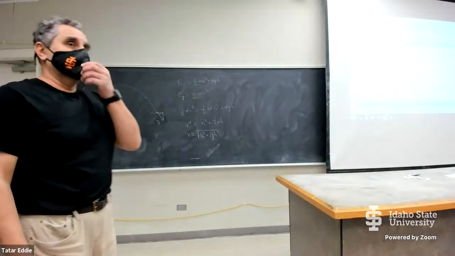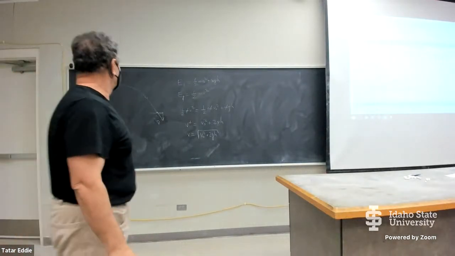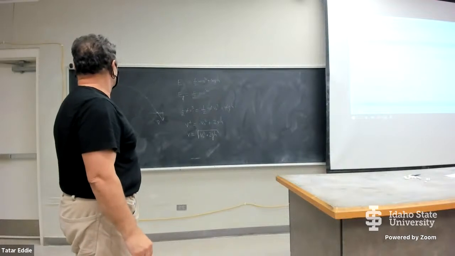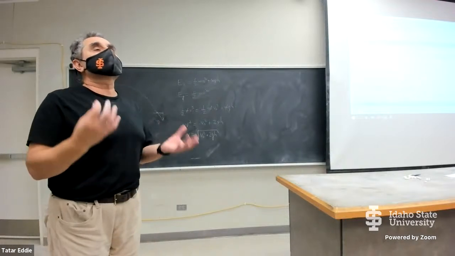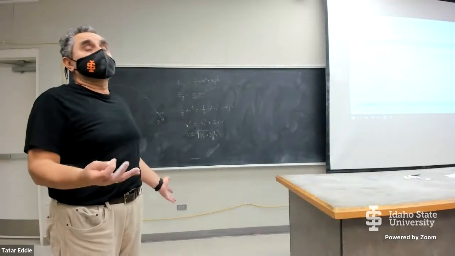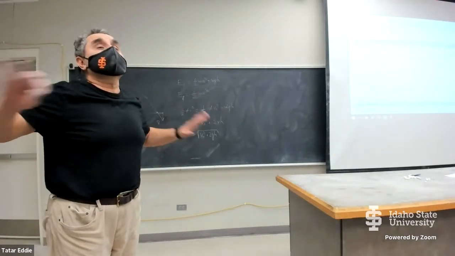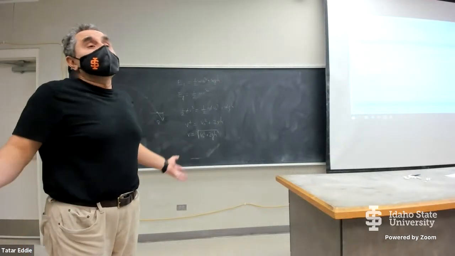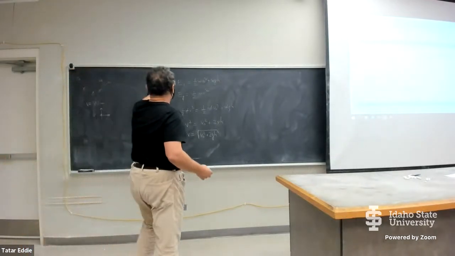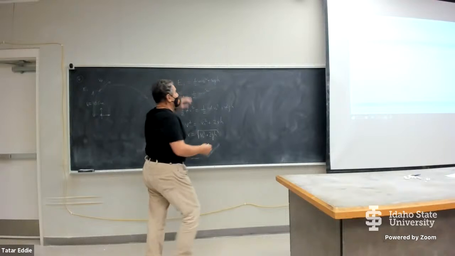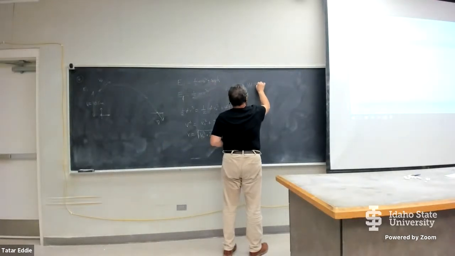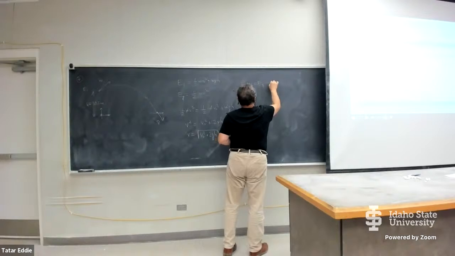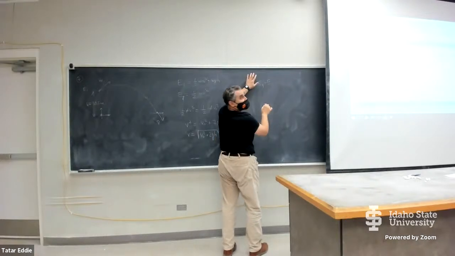So work is equal to E final minus E initial, is that right? This is work of external forces, and there are no external forces here. Gravity is counted as internal. That's why they're equal to each other. So no external forces. So the work is change of energy. So work is E final minus E initial. But this is work of external forces.